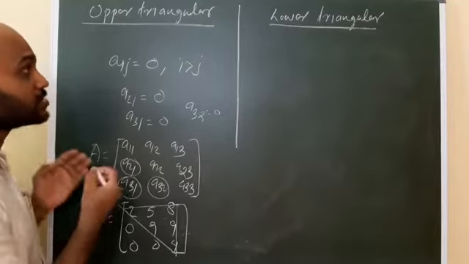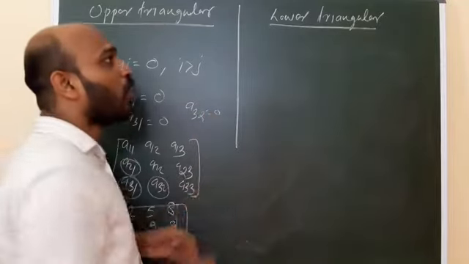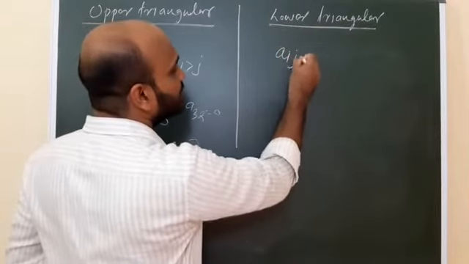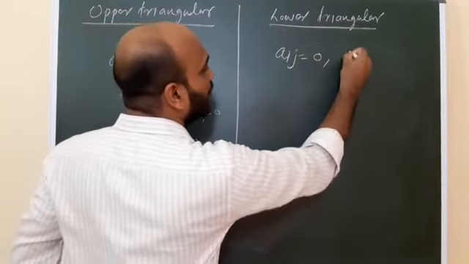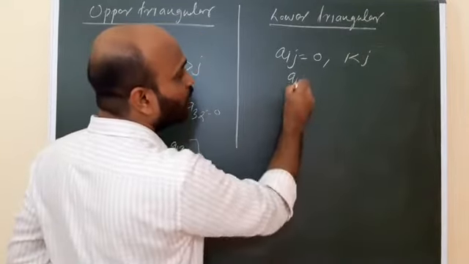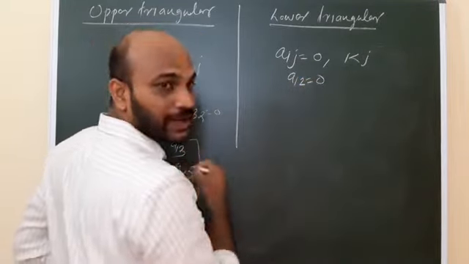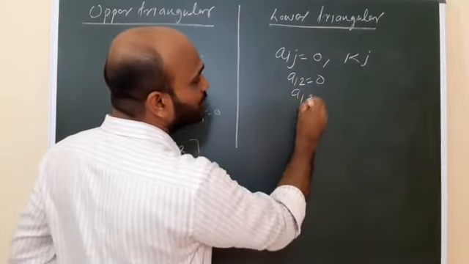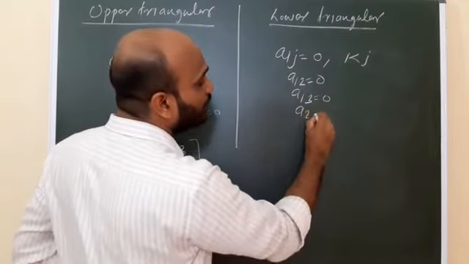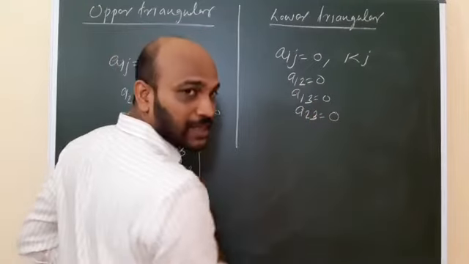Then a square matrix is said to be a lower triangular matrix if Aij equal to 0 for i less than j. I less than j means A12 should be 0, right? A13 should be 0 because 1 is less than 3, and A23 should be 0.